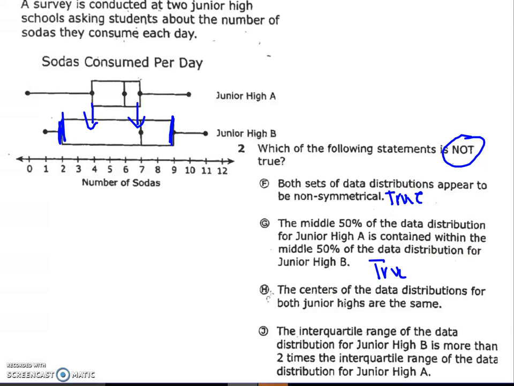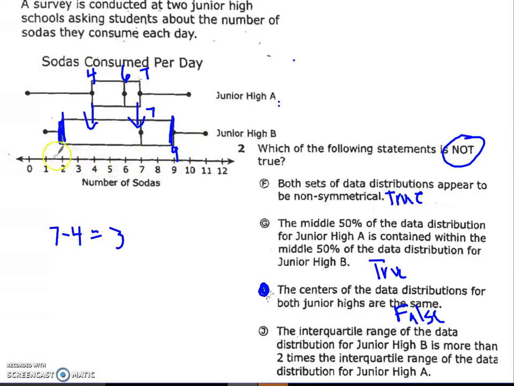The centers of the data distributions for both junior highs are the same. This center is 6, this center is 7. So we're looking at H. They're not the same. Okay, J. The interquartile range of the data distribution for junior high B is more than 2 times the interquartile range of junior high A. So if we did interquartile, which is 7 minus 4, 7 minus 4 is 3.